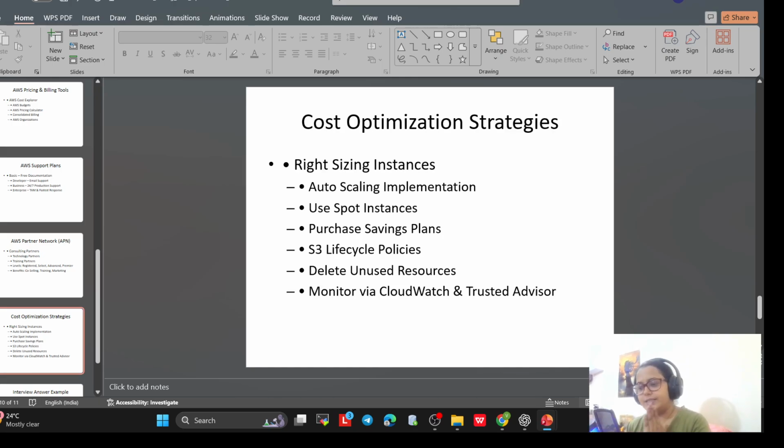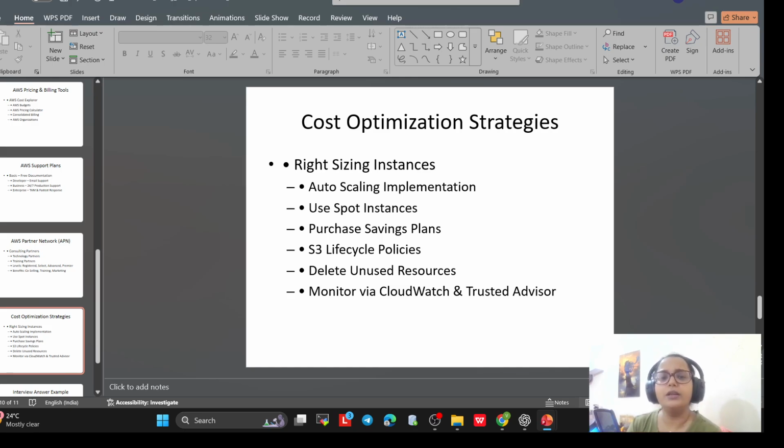Cost optimization strategy. What strategy do we follow? In simple terms, you should tell the interviewer: right-size instances, implement auto scaling so that resources are not wasted, use spot instances, purchase savings plans, S3 lifecycle policies, delete unused resources, and monitor via CloudWatch and Trusted Advisor.